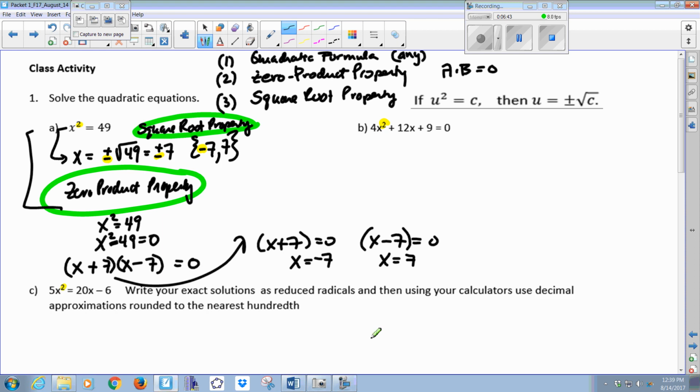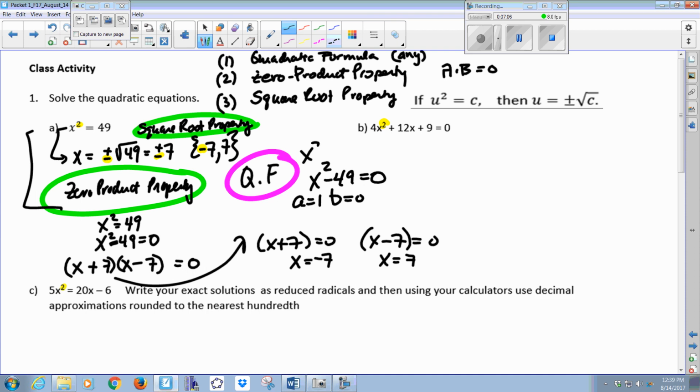And of course, you could use the quadratic formula, QF, big QF, by first putting your equation into the general form where you have 0 on the right-hand side and A equals 1. B is 0 in this case.